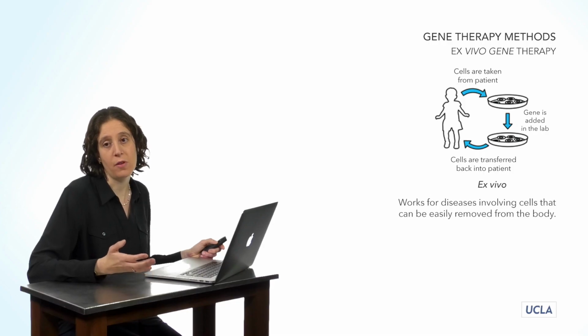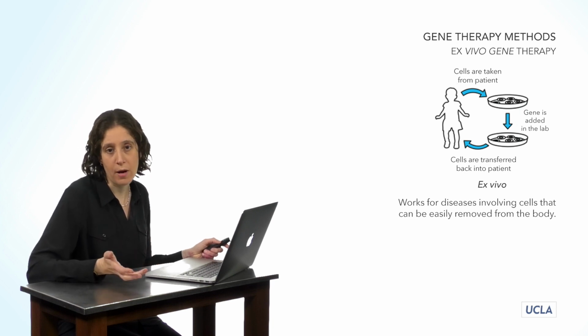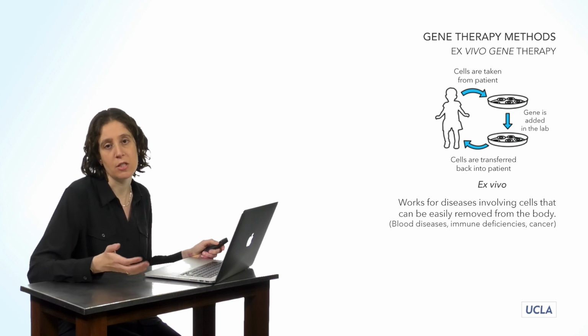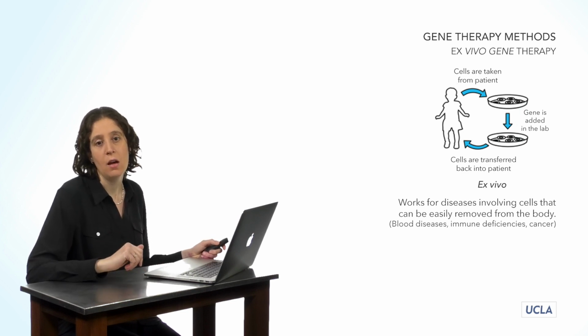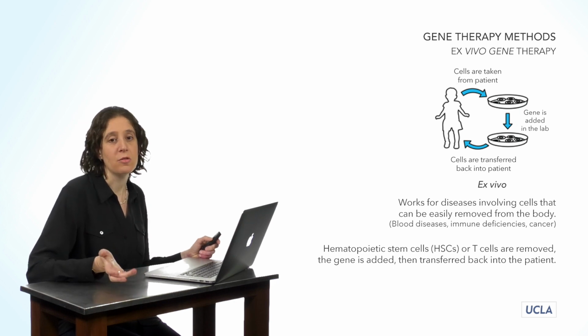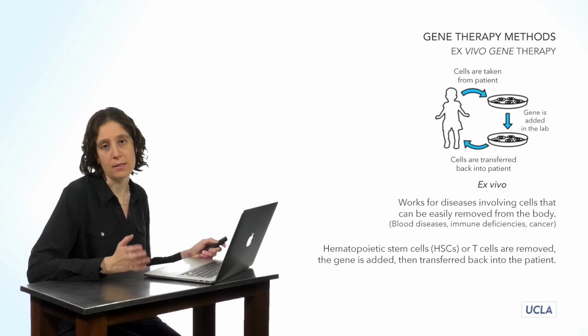In contrast, ex vivo gene therapy works well for diseases involving cells that can be easily removed from the body, such as immune cells found in the blood or bone marrow. Examples of these diseases include blood diseases, immune deficiencies, and cancer. So for example, you can remove hematopoietic stem cells or T cells, you can add in the required gene, and then you can transfer these cells back into the patient.